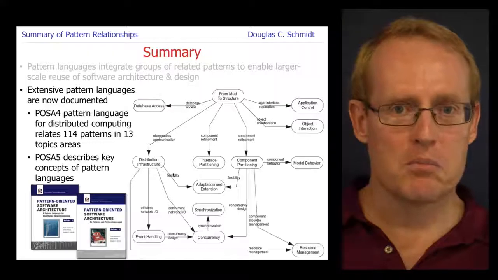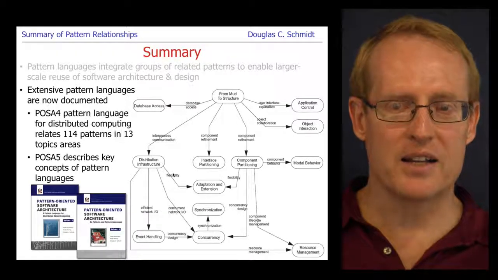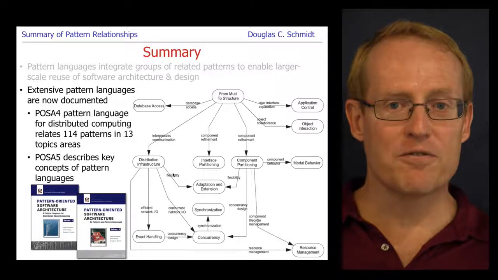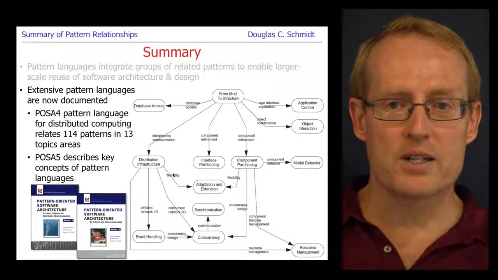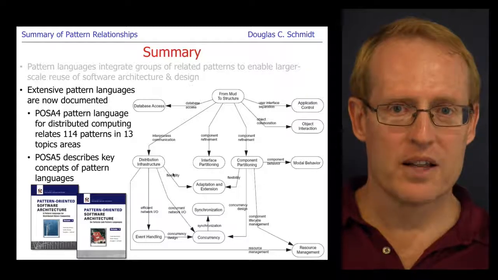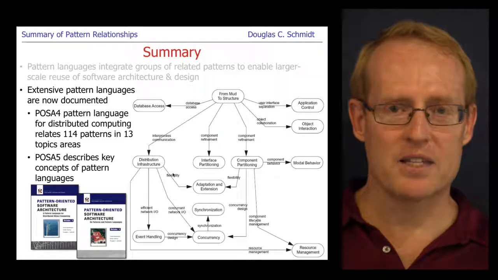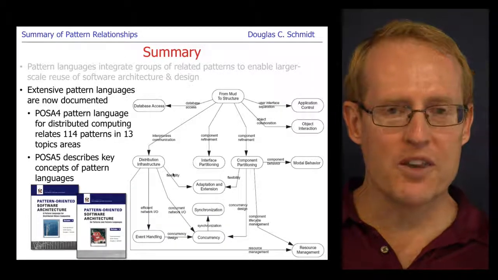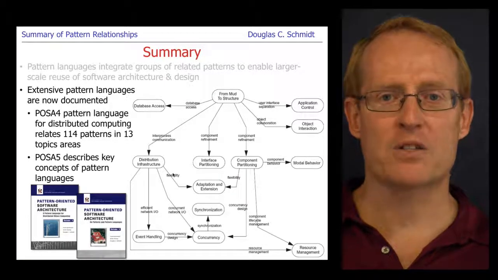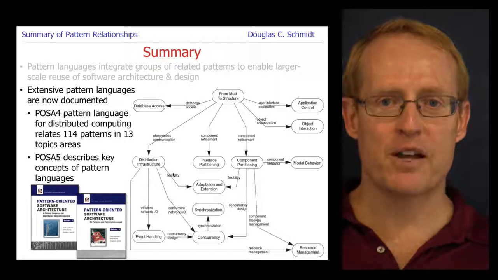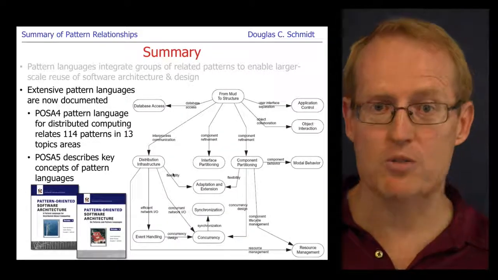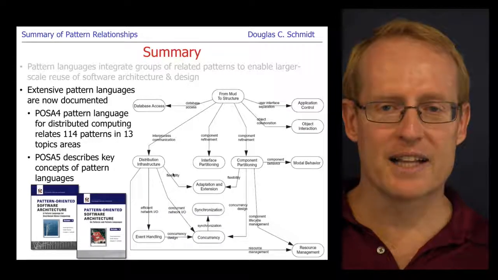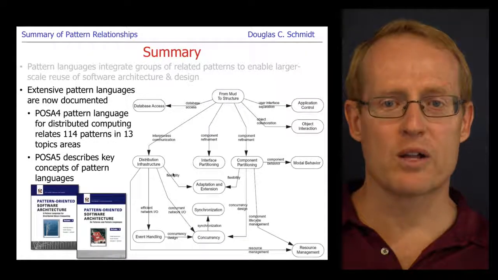Over the years, more and more people have begun to document their experience and their knowledge of software in the form of pattern languages. For example, the POSA 4 book that I wrote in conjunction with my colleagues Frank Buschmann and Kevlin Henney grouped together 114 patterns in 13 different topic areas, things like distribution infrastructure, concurrency, synchronization, event handling, component partitioning, and so on and so forth.